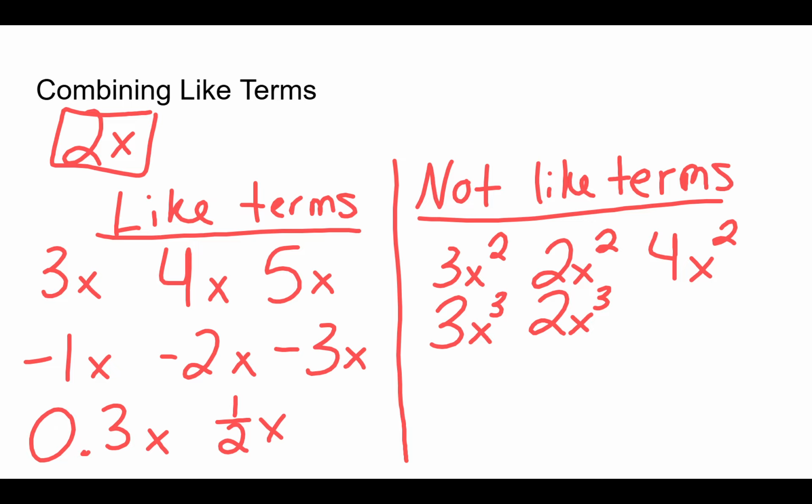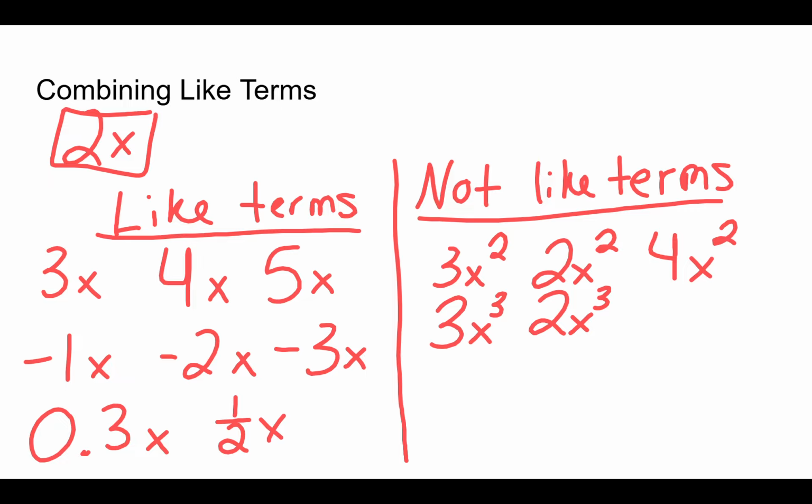Do you notice how the 2x squared and the 2x cubed have a 2 as the coefficient, but they're not like terms? When we're talking about like terms, we desperately need the variables to match, but the coefficients don't matter until we start combining. When we're determining what a like term is, we are only looking for the variables to match.